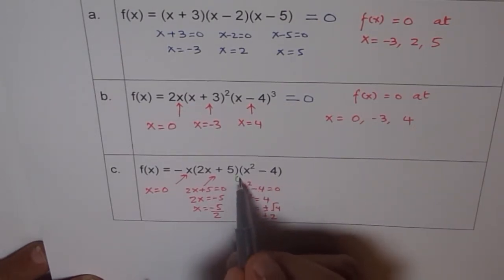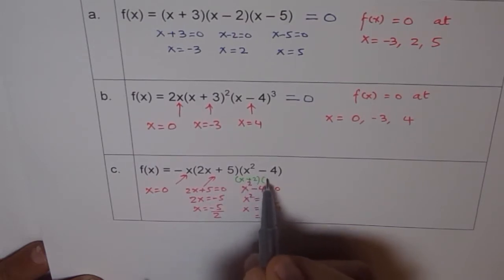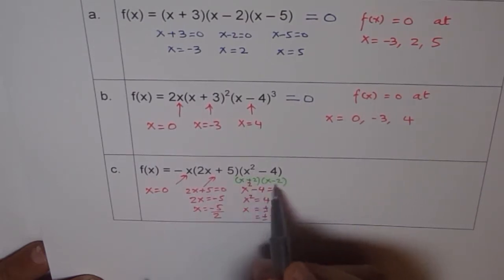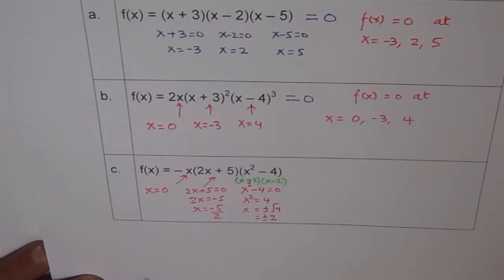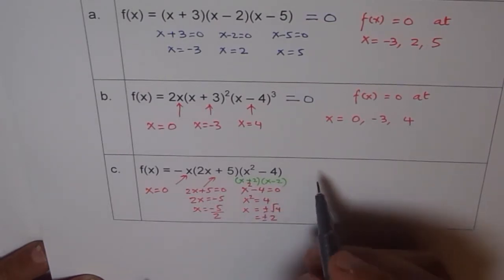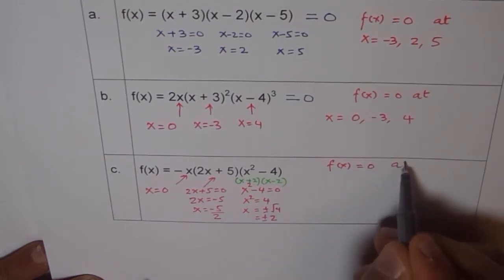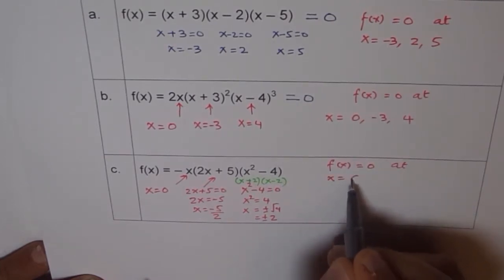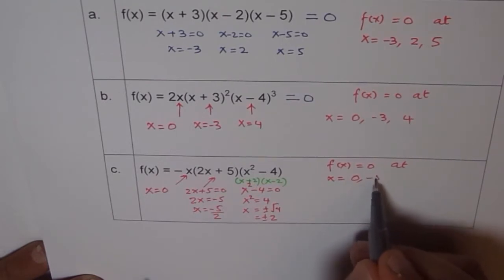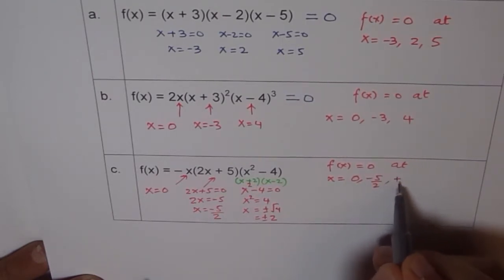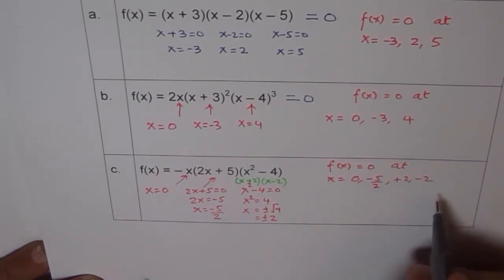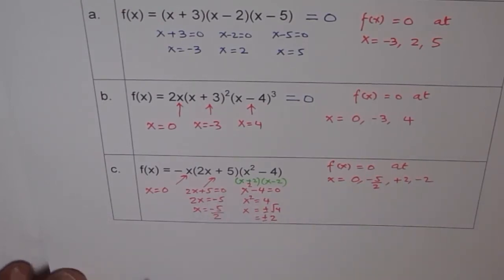I could have written this as x plus 2 times x minus 2, and then I could write plus or minus 2, right? And therefore I could have written here that f of x equals 0 at x equals 0, minus 5 over 2, plus 2 and minus 2. So these are my four values for which this function is 0.